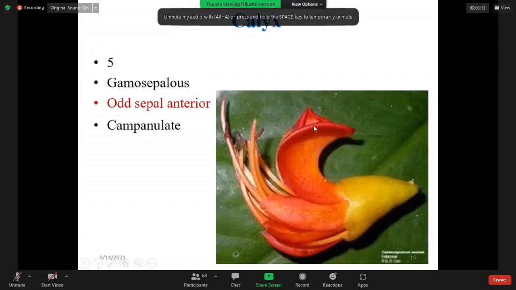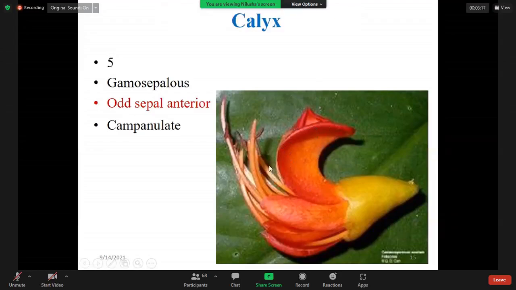Now we will see the calyx of the family Fabaceae flower. What is the calyx? I think you all know that during bud formation, the flower petals are covered by green leaf-like parts. We call those parts sepals, and these sepals form the calyx.